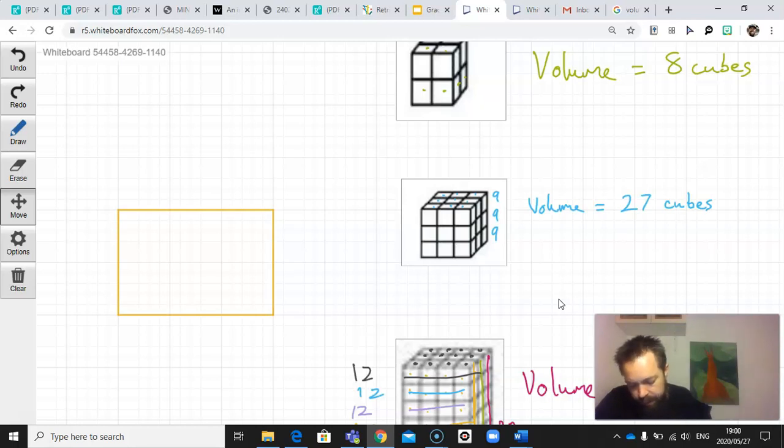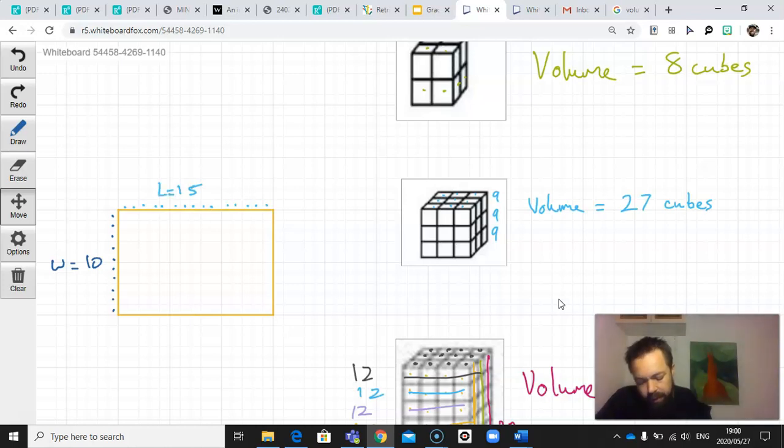Okay, so instead of counting all these little squares, I hope you remember this from the last lesson, we said, okay, well, we've got 1, 2, 3, 4, 5, 6, 7, 8, 9, 10 over here. So our width, or the short side, is equal to 10. We have 1, 2, 3, 4, 5, 6, 7, 8, 9, 10, 11, 12, 13, 14, 15 along there. That's our long side, or our length.